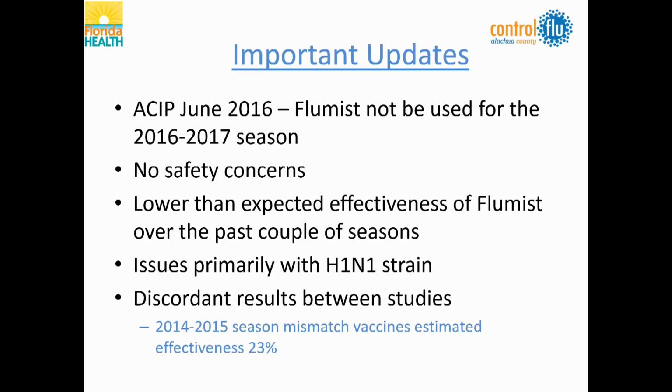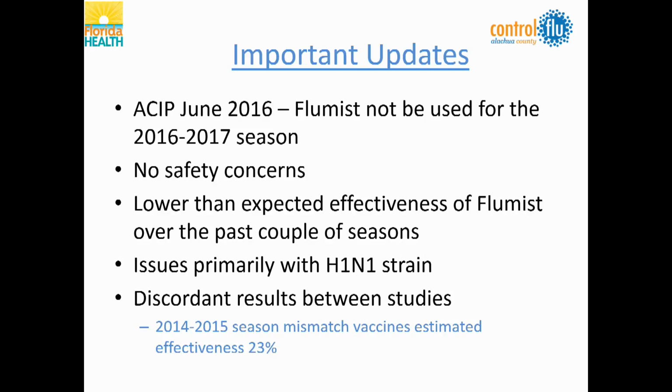There are some important updates regarding flu mist, however. In June of this year, the ACIP met and decided that we would not be able to use flu mist in the United States for the 16-17 season. The good news is there was no safety concerns, but they had found lower than expected effectiveness of flu mist over the past couple of seasons.